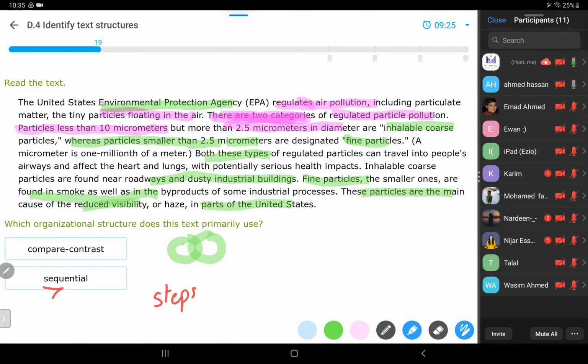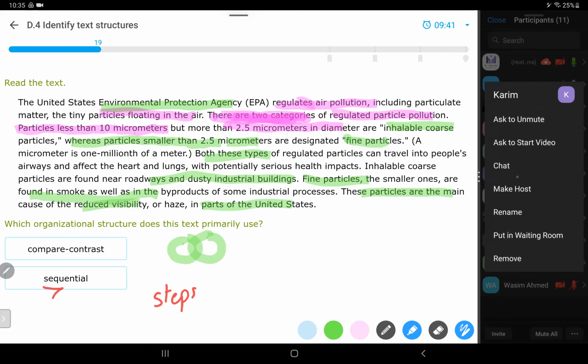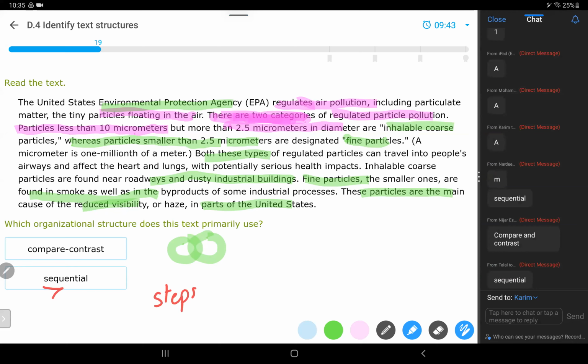So let me check your answers. I think you got it all right, but I'm still waiting for Ahmed, Iwan, Idzio, Talal. Where are your answers? Again, sequential, we're discussing steps. I just got answers from Najar, Nardeen, and Talal.